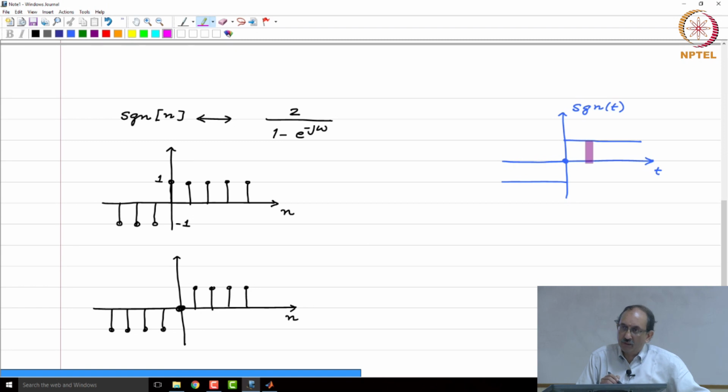The continuous time Signum function, that odd symmetric function, that counterpart can be thought of to be this. But what we are going to do now is derive the transform of this. And once you derive the transform of this, it's easy to derive the transform of this with very simple manipulations.